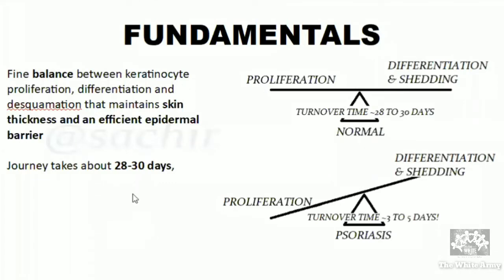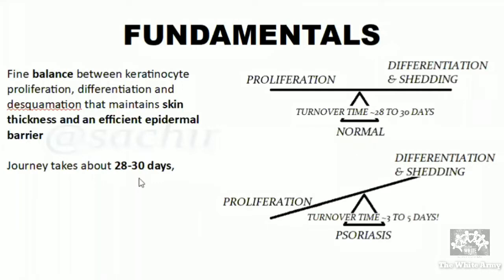In psoriasis, there is increased proliferation of the basal cell layer, and decreased maturation or differentiation and decreased shedding from the stratum corneum. So this turnover time is reduced to one tenth. It usually takes 28 to 30 days in normal skin; it is reduced to 3 to 5 days in psoriasis. This is the basic pathogenesis of psoriasis, which you have to understand.